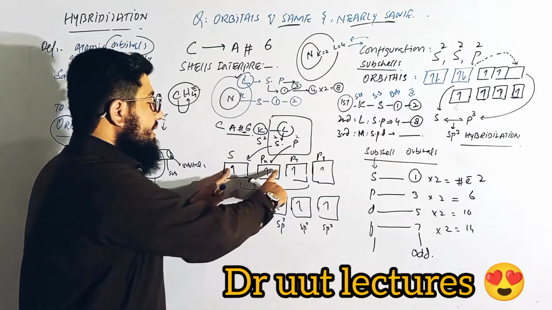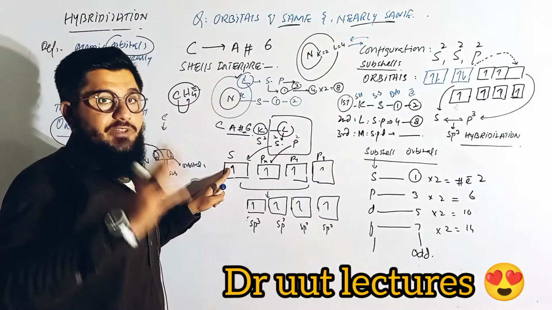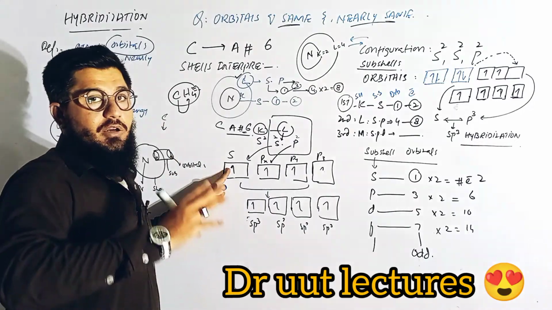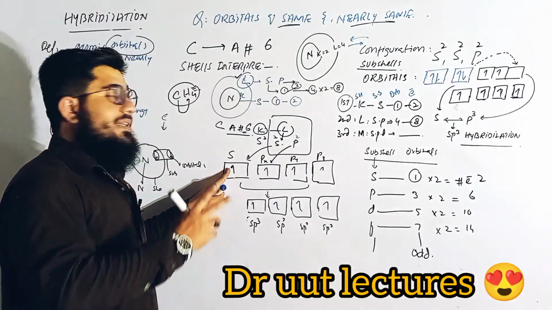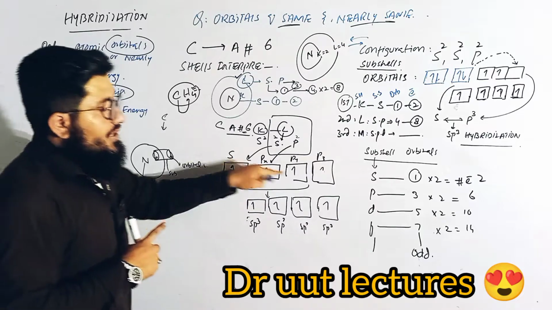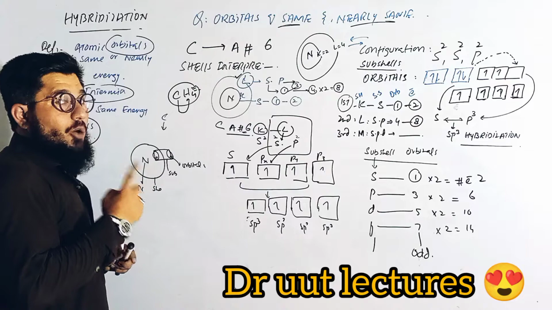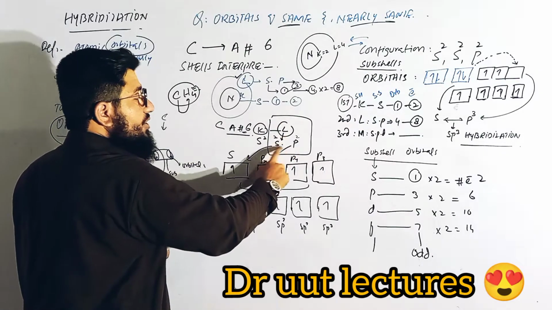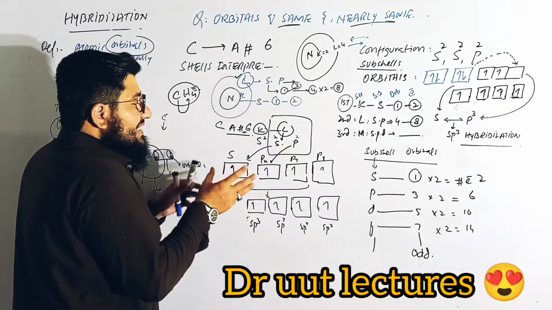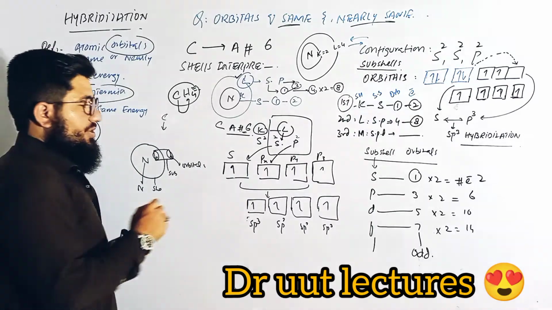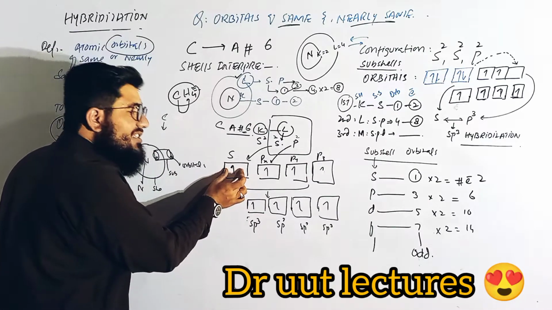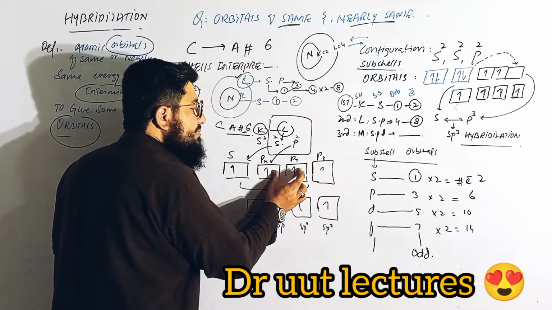So the three orbitals of the p subshell are the same as each other, but the s orbital is different from them. But due to the common shell, the L shell, these orbitals have nearly the same energy. The s orbital has nearly the same energy as the px, py, pz orbitals.